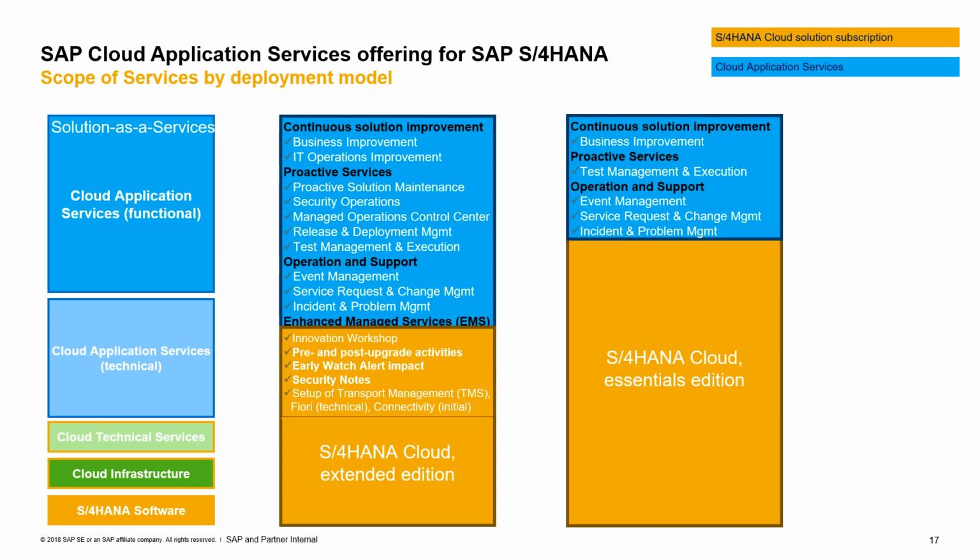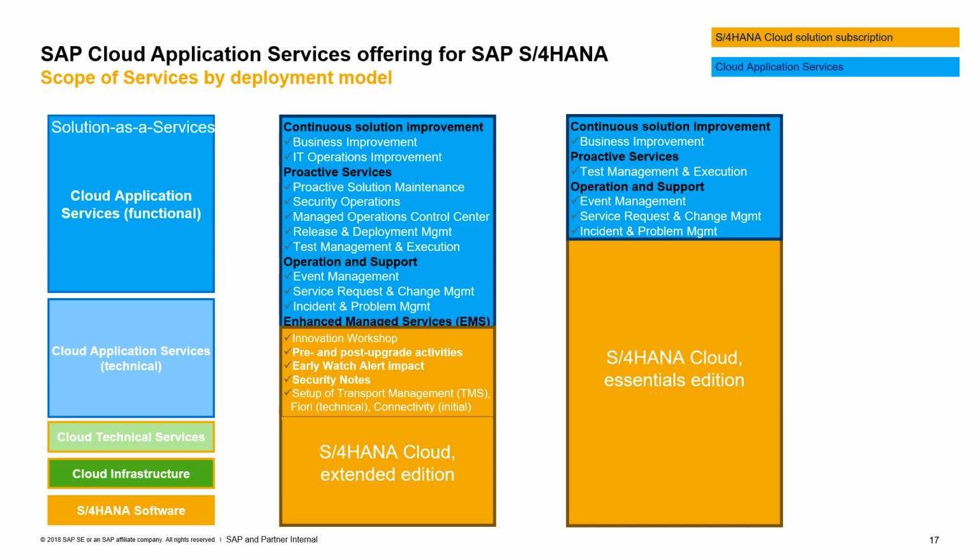Then when we take a look at the S/4HANA Cloud Essentials Edition, this option provides the S/4HANA software, the cloud infrastructure, all cloud technical services, as well as cloud application services to provide a complete software-as-a-service cloud solution.